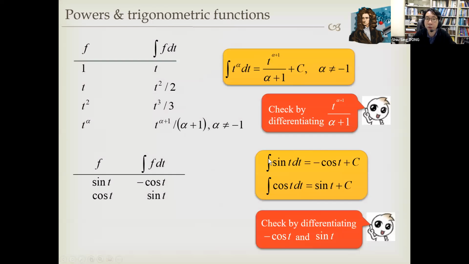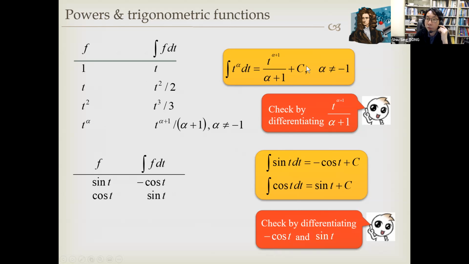Now here are the rules of integration. If you start from constant 1, you integrate, you get t. If you start from t, you get t squared over 2. For t squared, you get t to the power 3 over 3. And in general, if you have t to the power alpha, then the power of t will be increased by 1. You have t raised to the power alpha plus 1, and then you have to divide by alpha plus 1.